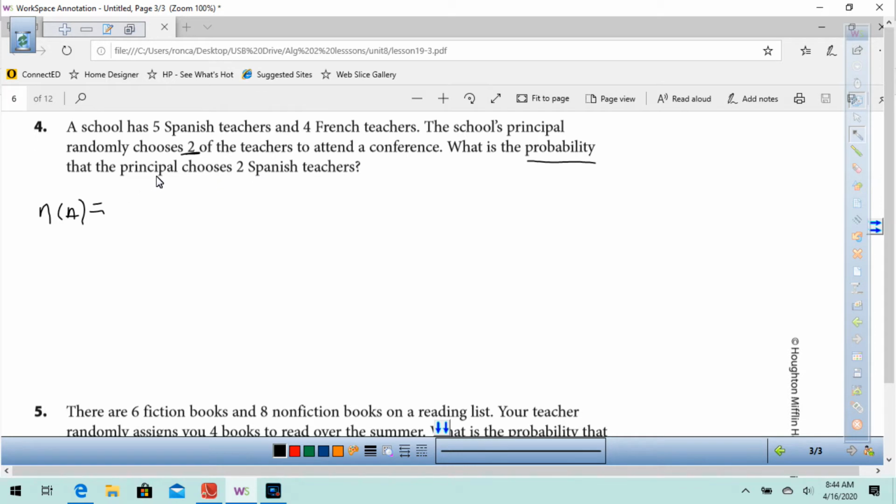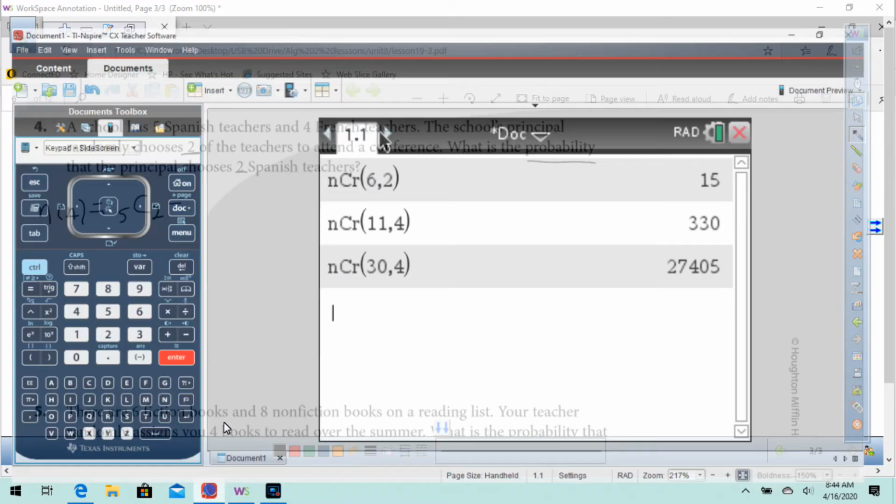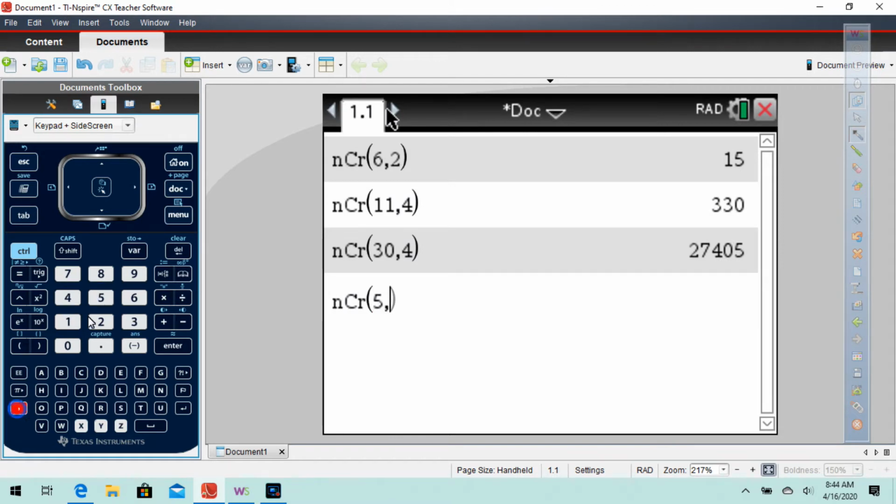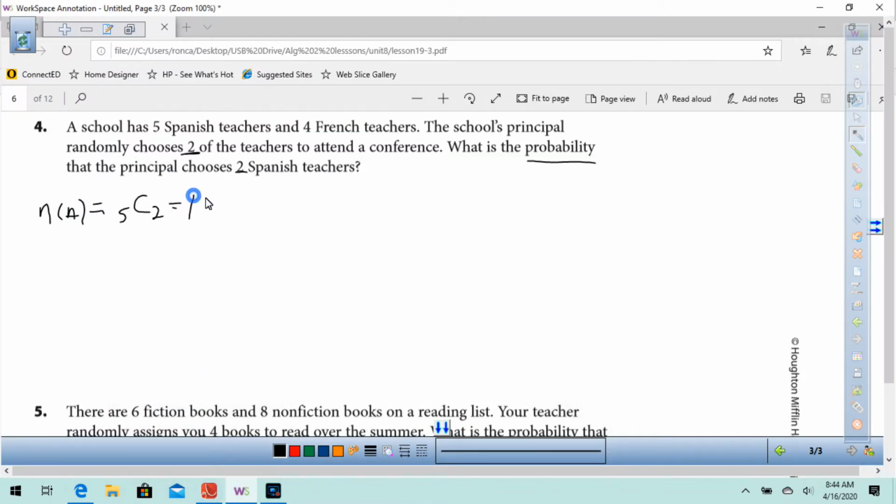What is the probability the principal chooses 2 Spanish teachers? Well, there's 5, so we got 5 choose 2. Menu 5, 3, 5, comma 2. That comes up with 10. So there's 10 ways you can choose 2 of the 5 Spanish teachers.